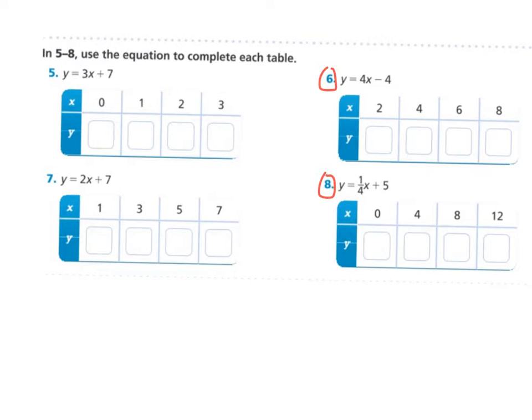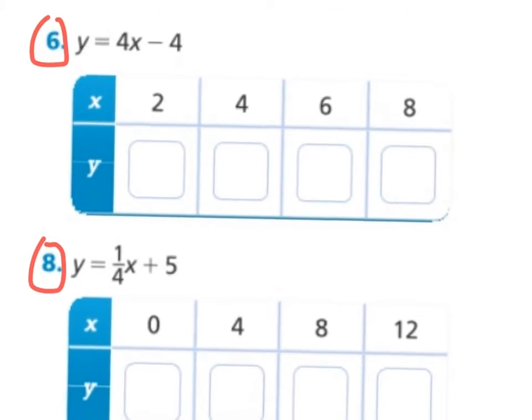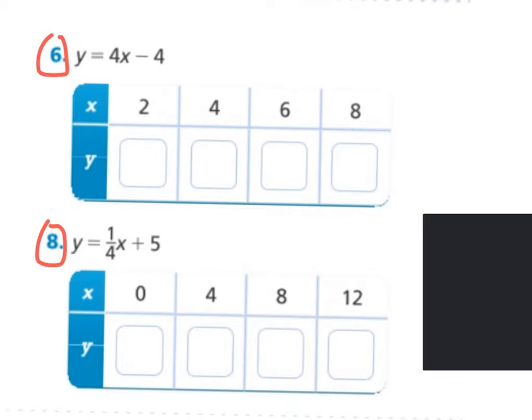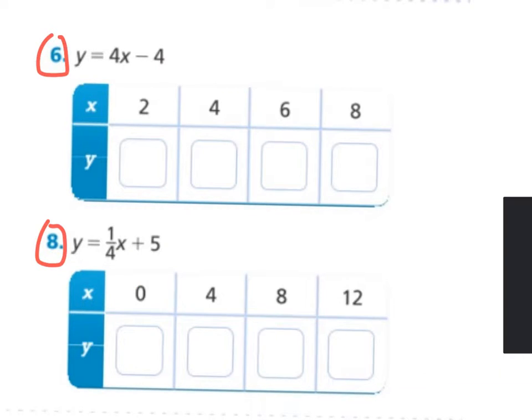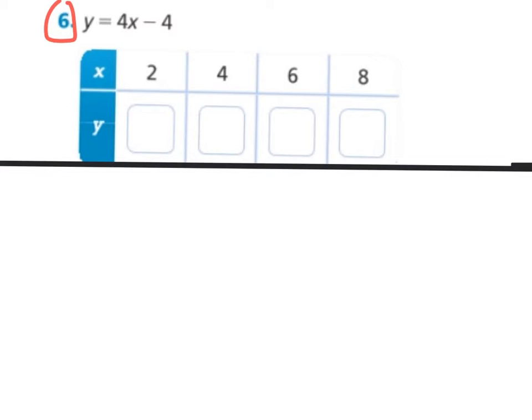Next section, they want us to use the equation to complete each table. So on number 6, we got y equals 4x minus 4. Once again, this is not just a simple process of just adding or subtracting.